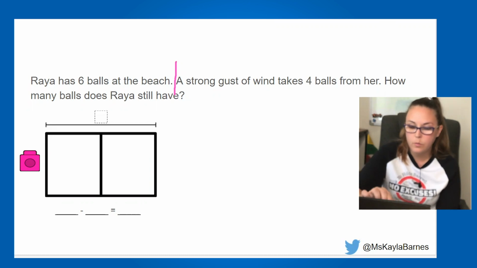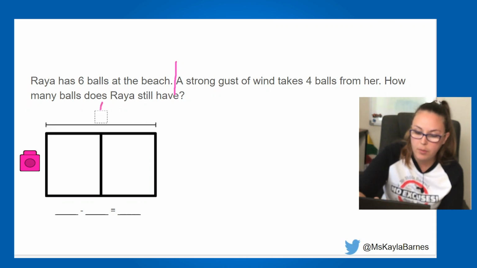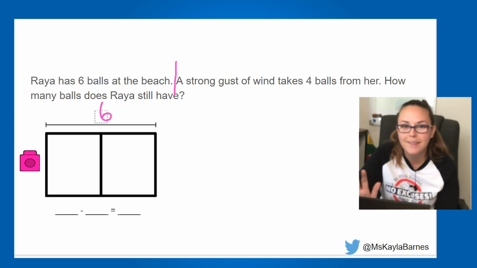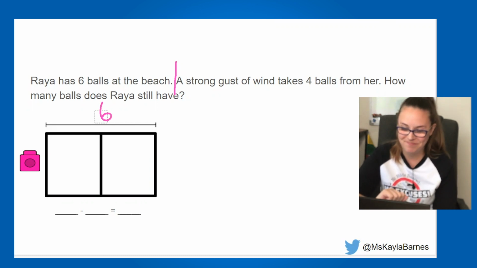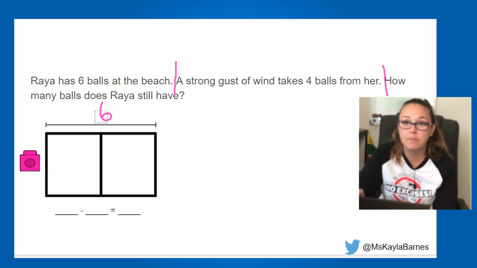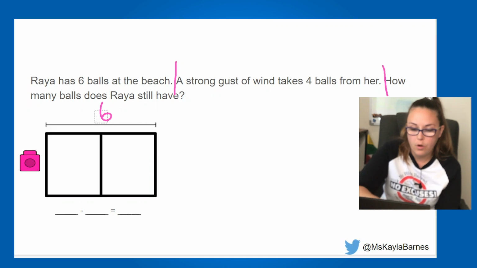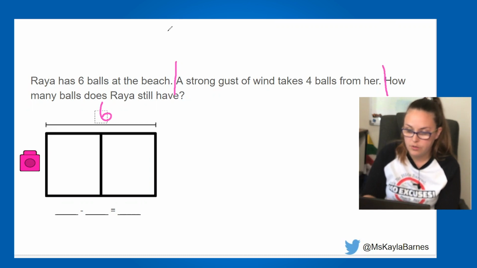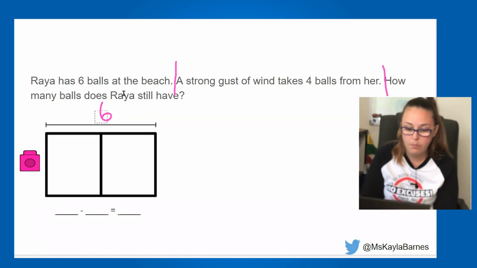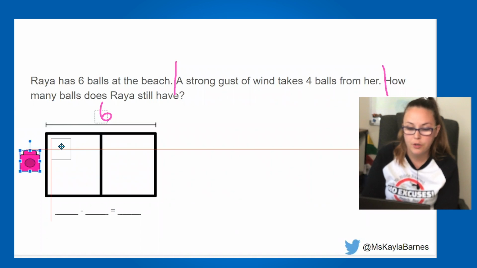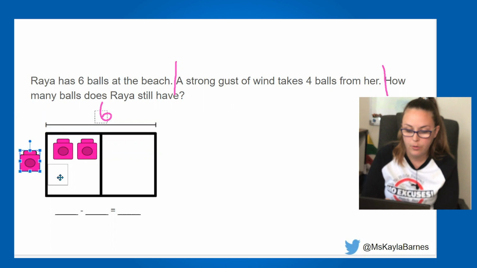Good job. So we're going to put 6 at the top of our part whole map. And again, I know mine doesn't fit, but I bet you got yours too. The next sentence says, a strong gust of wind takes 4 balls from her. So over here, we are going to model that the wind took 4 balls. So 1, 2, 3, 4.